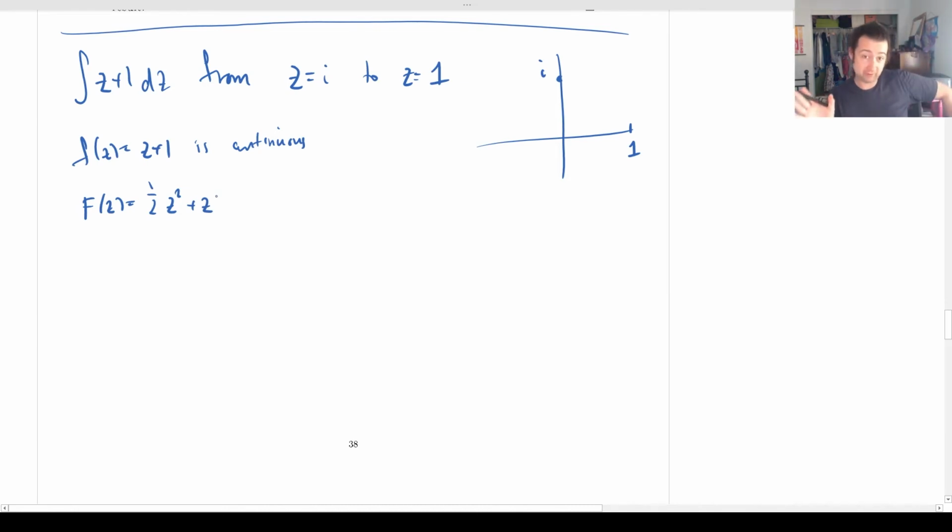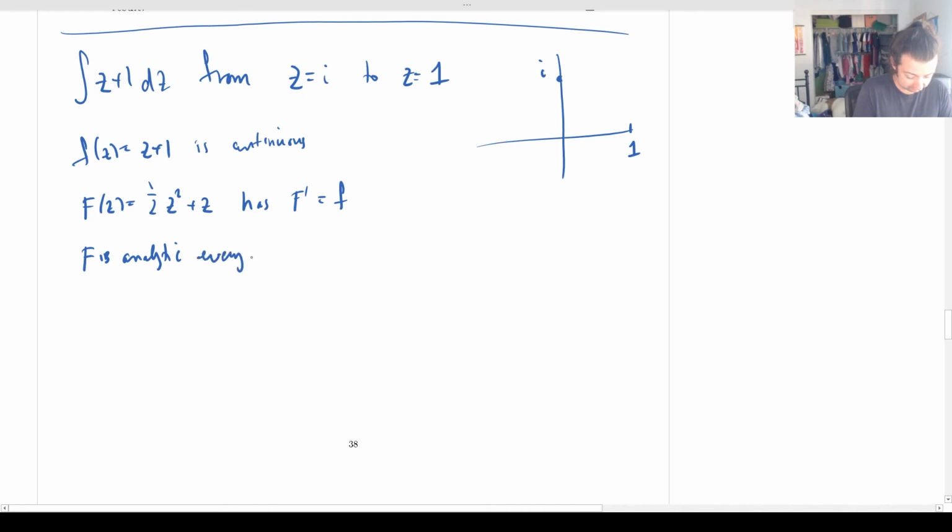That is definitely an antiderivative of this function, as F prime is equal to little f. And because capital F is a polynomial, it's obviously analytic everywhere. And the whole complex plane is simply connected. So that must mean it does not actually matter how we get from i to 1. The fundamental theorem of calculus applies here.